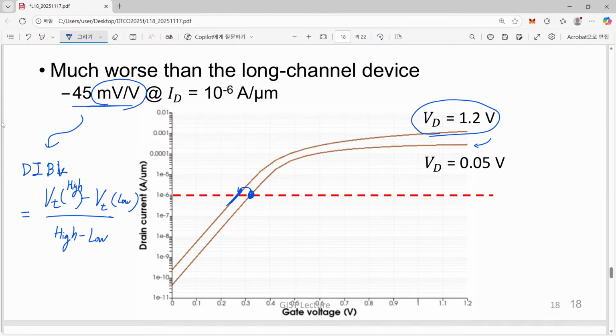The change of threshold voltage, which is written in volt scale, is divided by the change in your drain voltage, which is another volt. When you write it in this dimension, as I told you before, 100 cannot be acceptable. 45, yes, it's good.